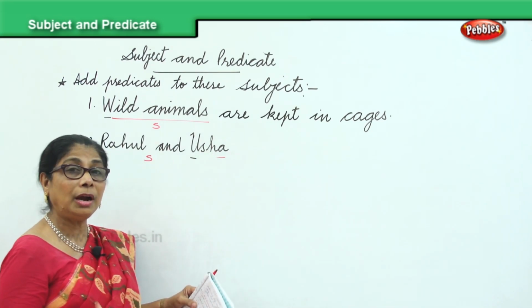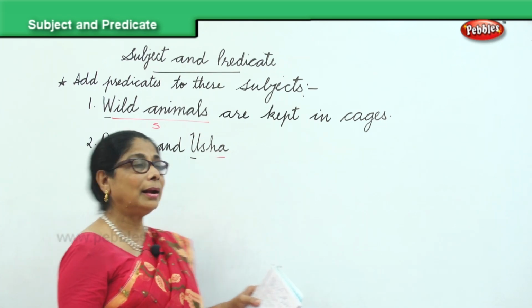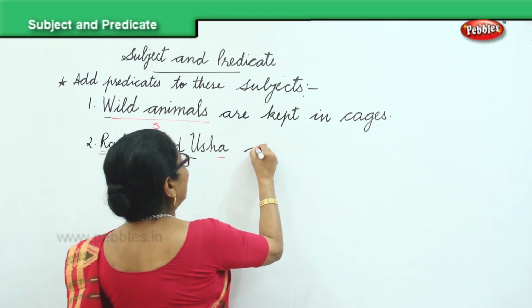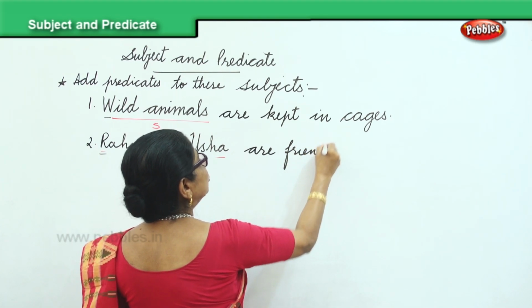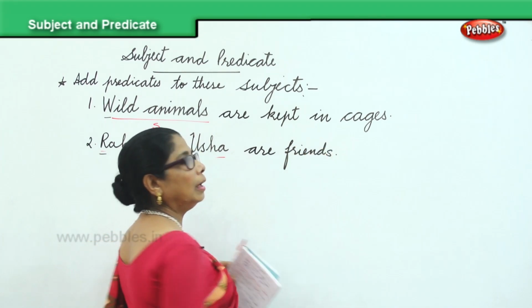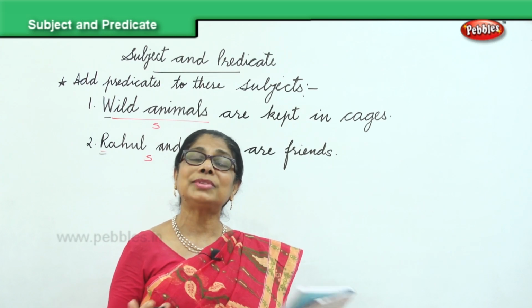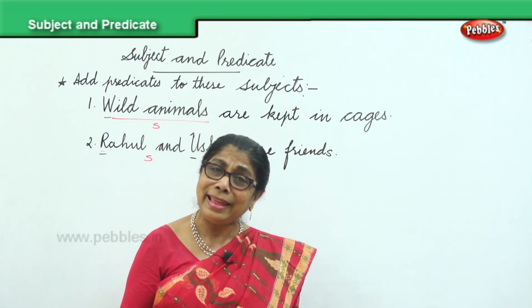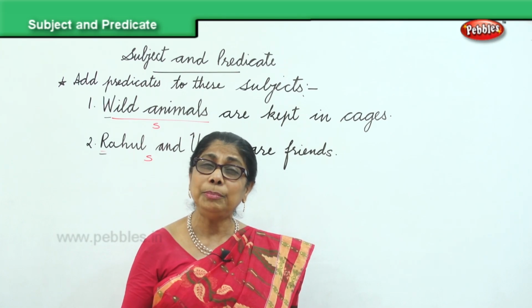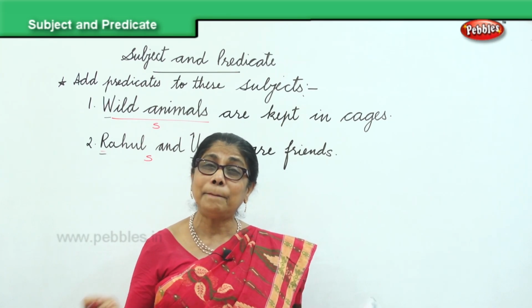Rahul and Usha went to the market. Rahul and Usha are friends. Rahul and Usha are fighting. Rahul and Usha love to study together. So when the subject Rahul and Usha are given, you can end. You can put in any predicate to make a complete sentence.